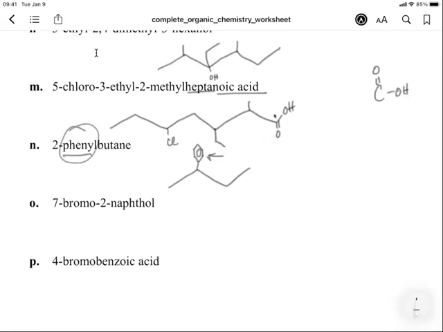Ooh, naphthol, I think. Okay. So we have something called, if I could spell it correctly, naphthalene, I think it's naphthalene. Hold on.